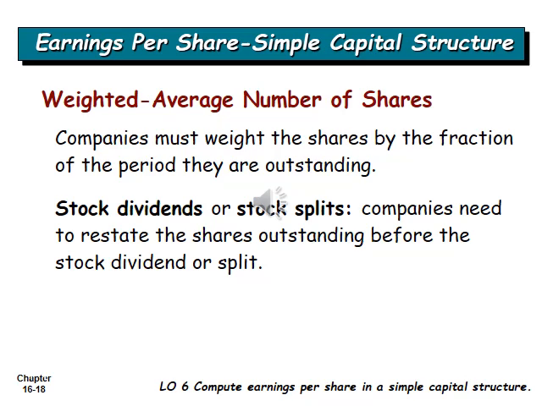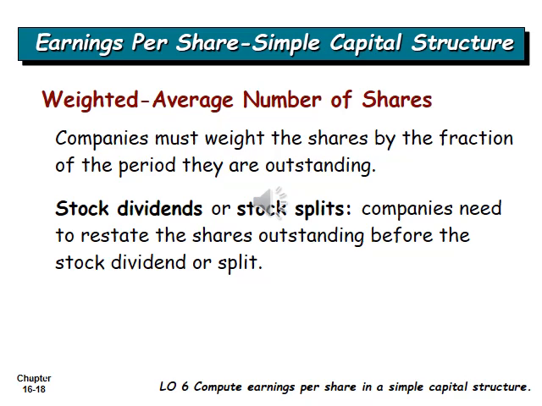So in this case, we have to take any type of transactions related to the common stock, like issuing common stock, buying treasury stock, reissuing treasury stock, stock split, stock dividends.